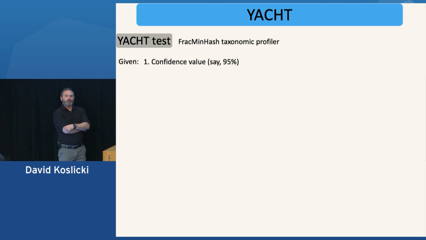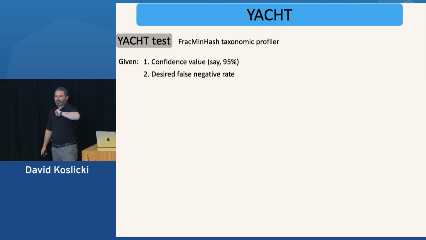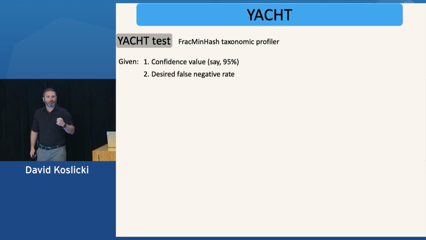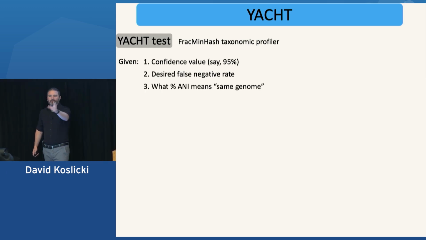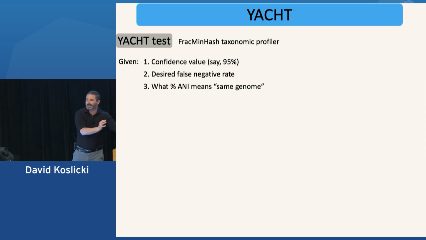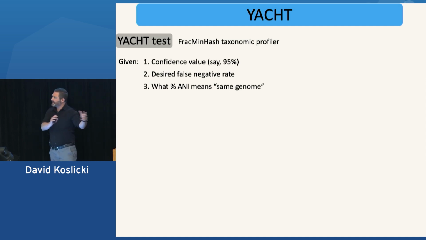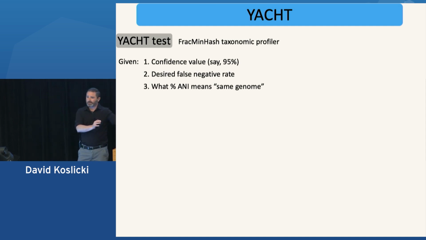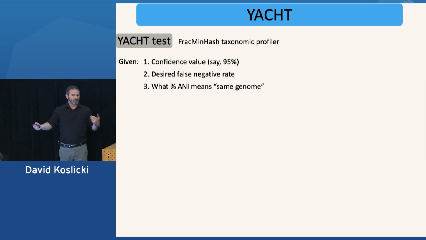So give it a few inputs, give me a confidence value, like 95%, some desired false positive rate. What percentage ANI means in my sample, right? Because your reference genomes are never going to be exactly represented in your sample. There's always going to be either sequencing noise or evolutionary divergence. So, 95% ANI, is that good enough for you, saying it's the same species?